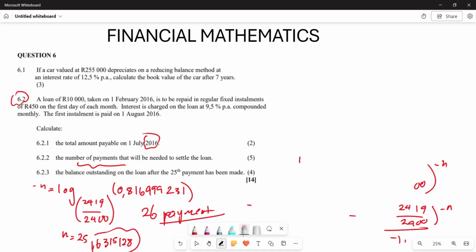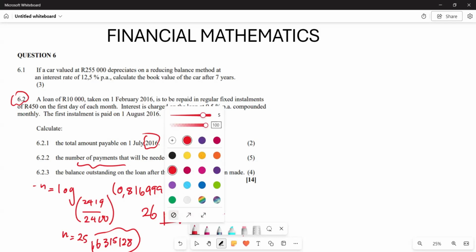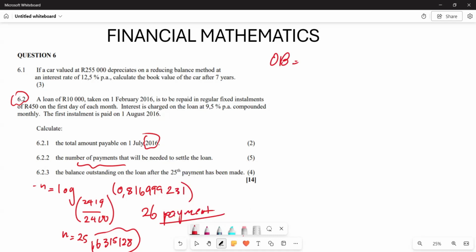The outstanding balance formula is given by P into 1 plus i to the power of n, subtract x into 1 subtract 1 plus i to the power of negative n over i. That's the outstanding balance formula.